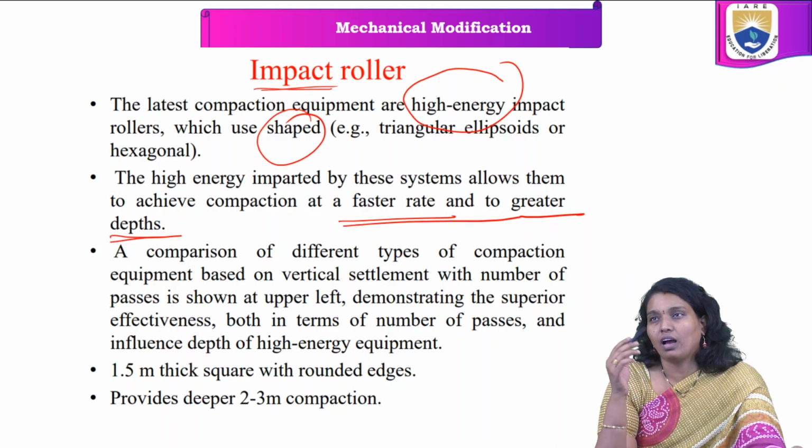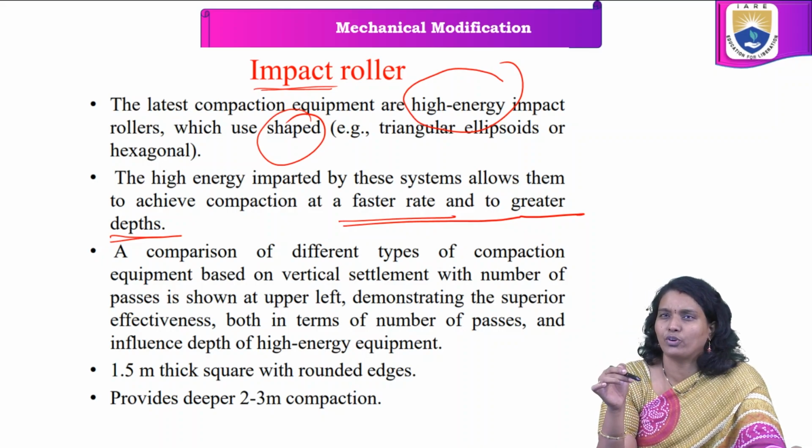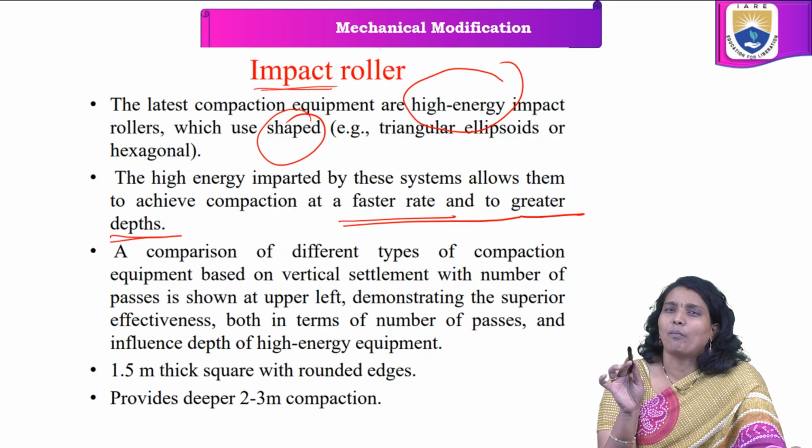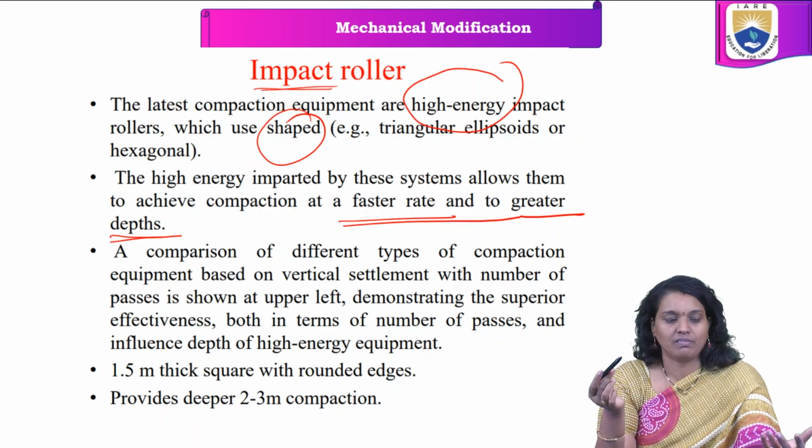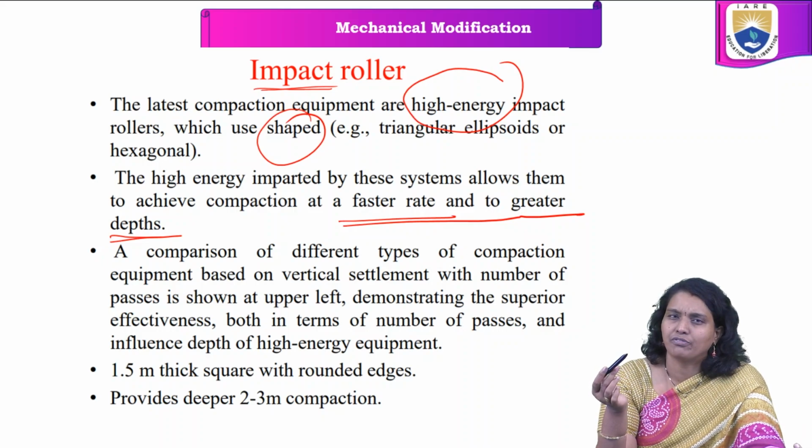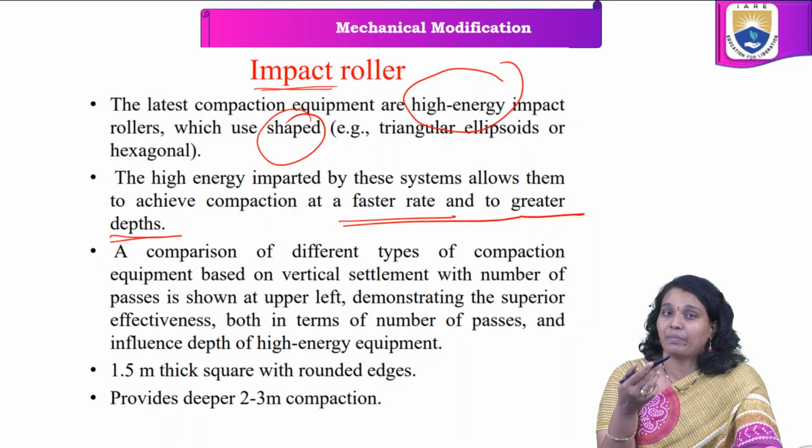It depends upon how much the depth is going to reduce because of the compaction done by the different equipment, whether it is impact roller, sheep foot roller, drum roller, grid roller or vibratory roller.